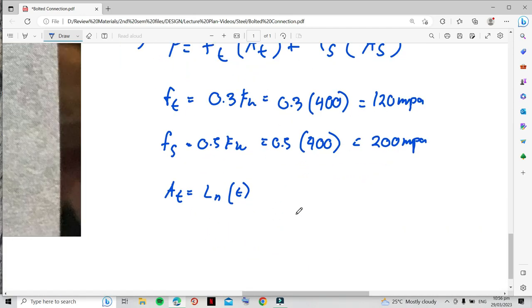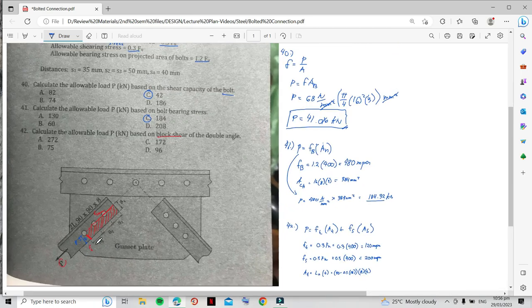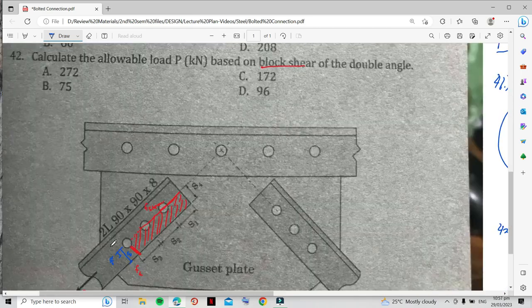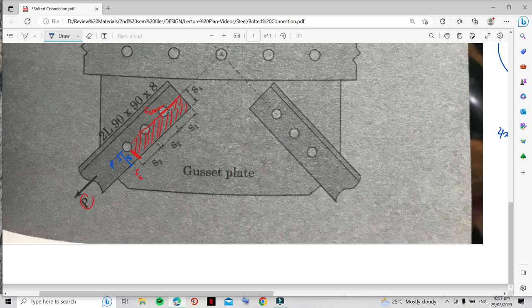It's just equal to 40 minus 0.5 of the bolt diameter, which is 18, multiplied by thickness of 8. No? And then times 2 also, because the member is two legs, two legs back to back. So basically, if that's the L member, you have another L member there welded here.